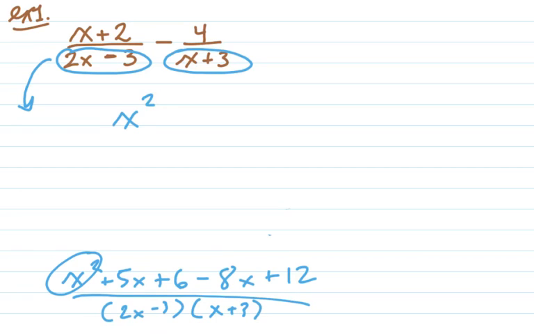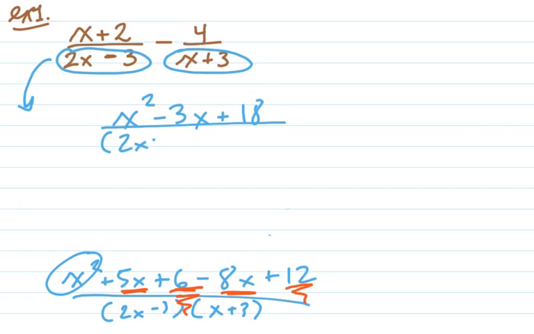I just have one x squared term. I have two x terms, and that's going to equal negative 3x. And then I have two just numbers, 6 and 12, so that is going to be 18. And then this is all over 2x minus 3 times x plus 3.